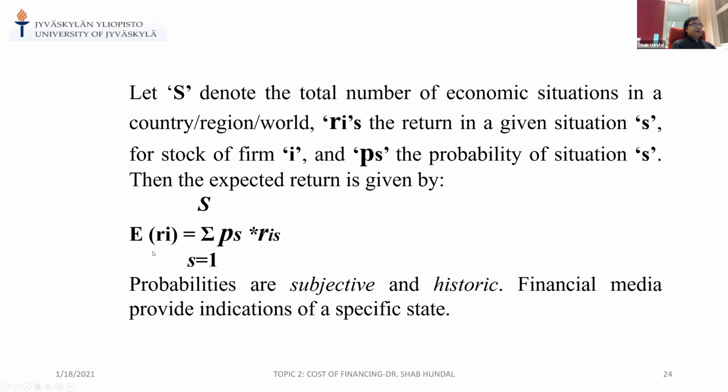Then the expected return would be equal to the sigma summation, from situation 1 to the total number of situations, of the probability of the situation times the return of the ith company's stock in that situation S. The probability is the likelihood. The probability is the expectation.